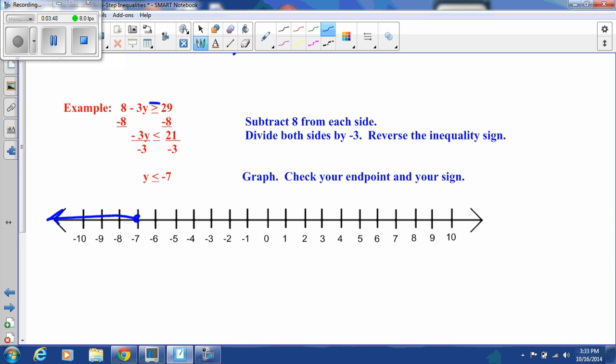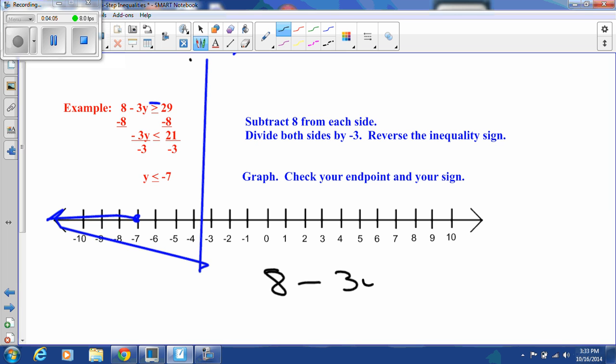To do this, put a negative 7 in for y. So 8 minus 3y is greater than or equal to, gotta make sure we use the original sign, 29.